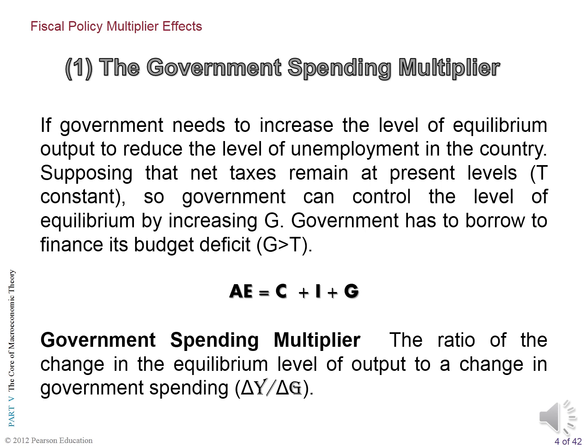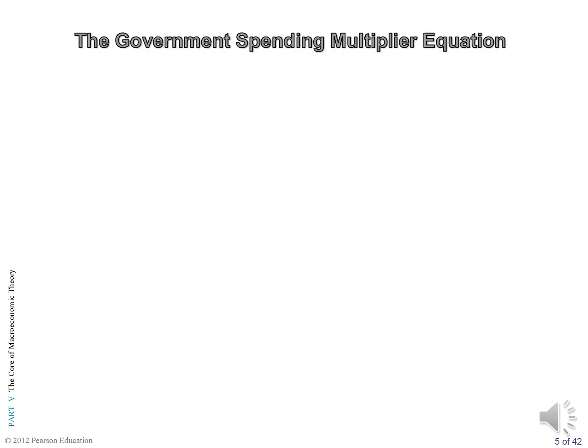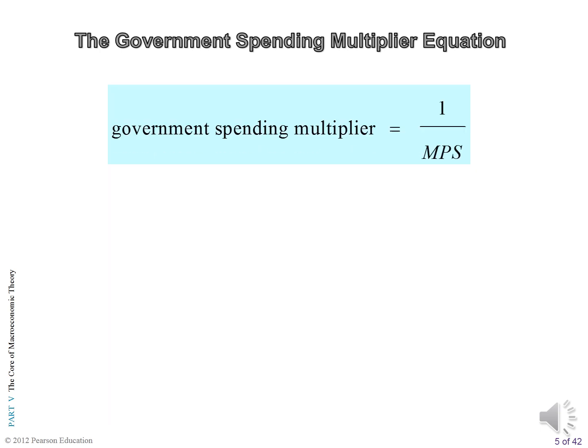Because of that, the government spending multiplier is exactly the same as the investment multiplier, which was the change in equilibrium output because of change in investment. Here it is the change in equilibrium output because of change in government spending. So the government spending multiplier equation is the same as the investment multiplier.